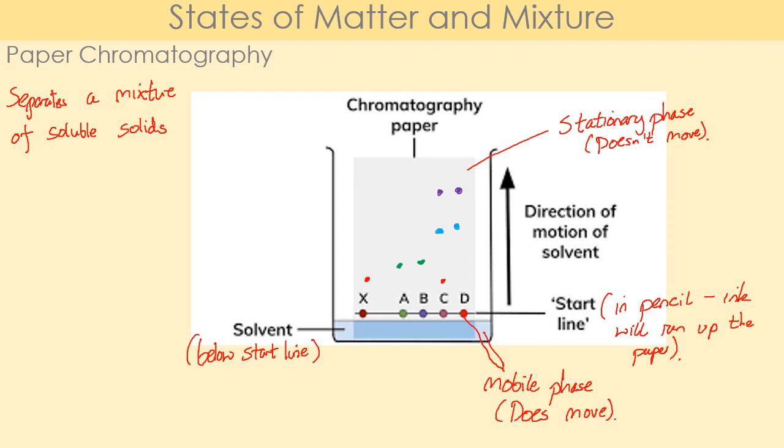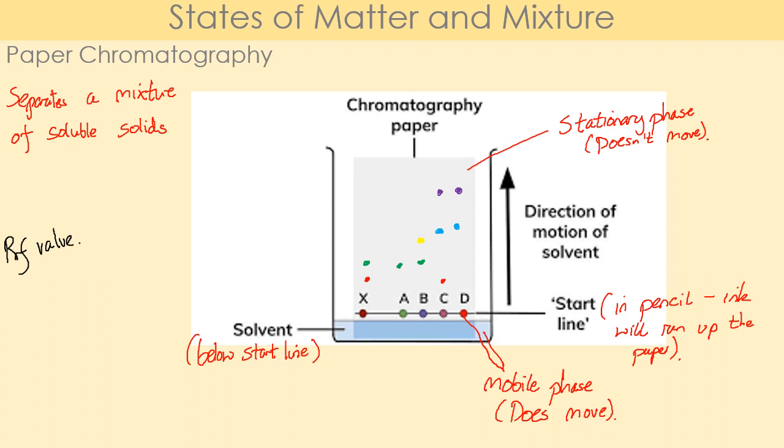Then we can see what colours they all contain. So for example, this one, substance X, contains part of C and part of A and B because it's moved to the same level.